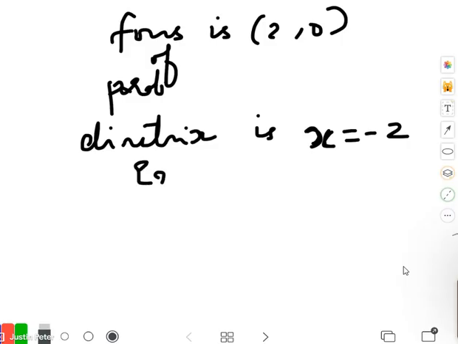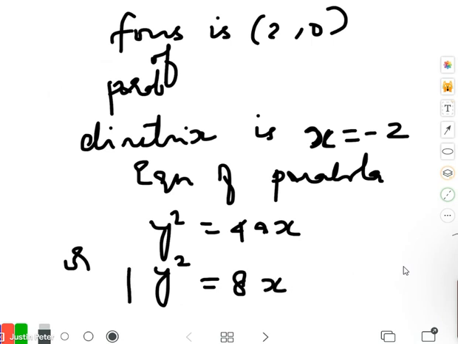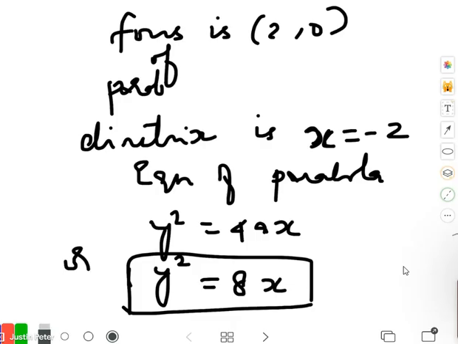What will be the equation of the parabola? y square is equal to 8x. I took negative 2, that's right. It's 8x.